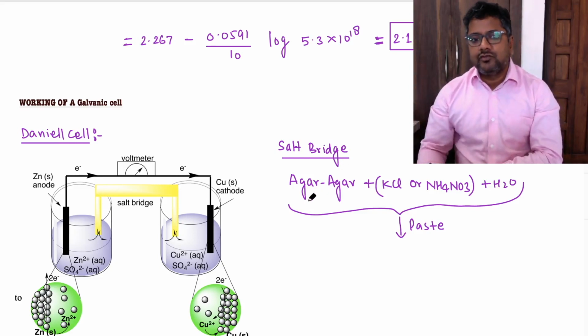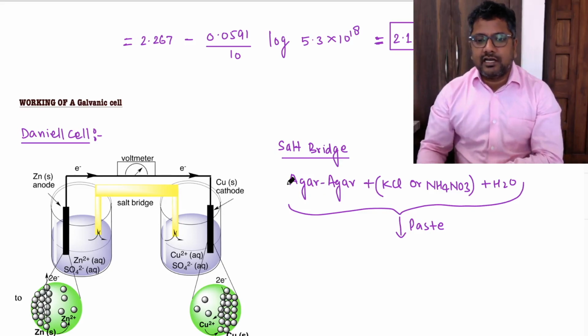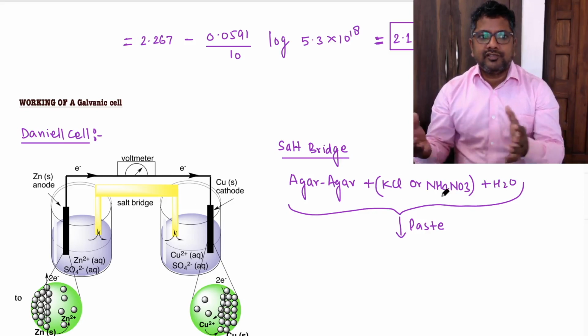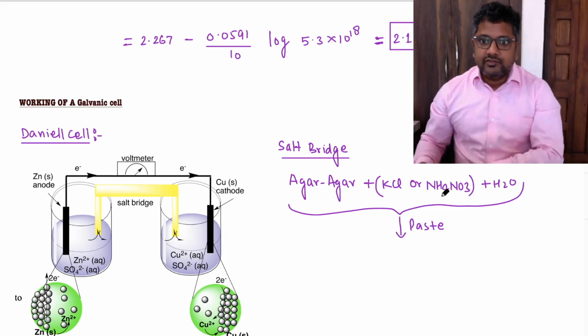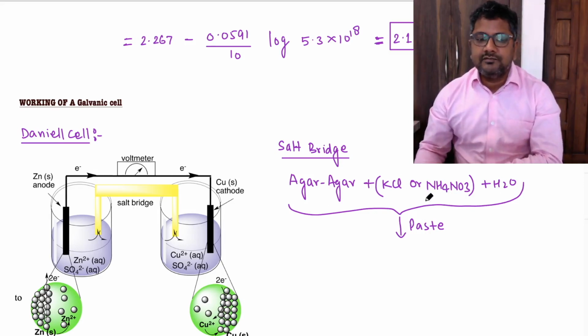So this becomes agar, and the agar becomes porous, and the electrolytes are dissociated and present in the form of ions. So this is the composition of the salt bridge.